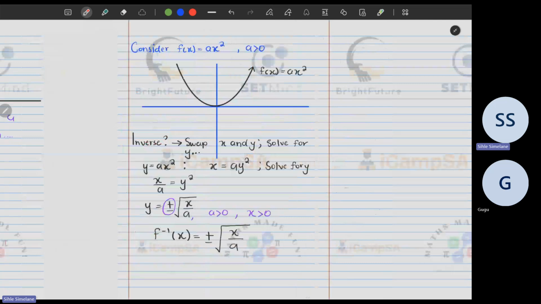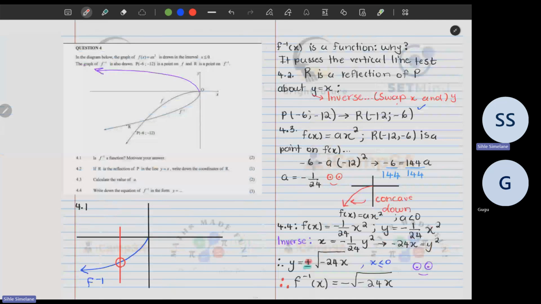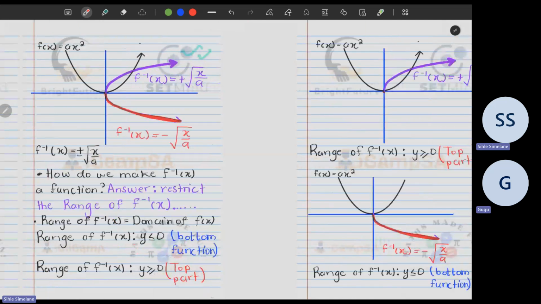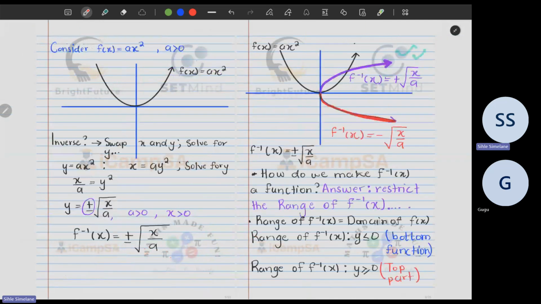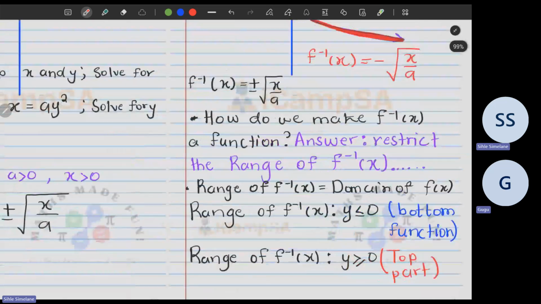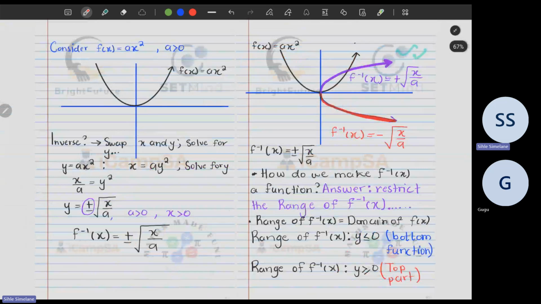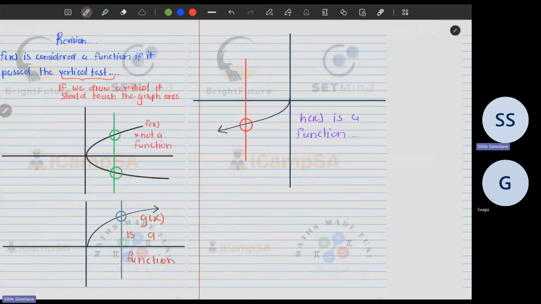And how do we deal with that and make them functions? We restrict the range. Once you restrict the range, it is the same as restricting the domain of the original function. Once you understand this game here, you are done with inverses, especially parabolas. All of them should be easy.